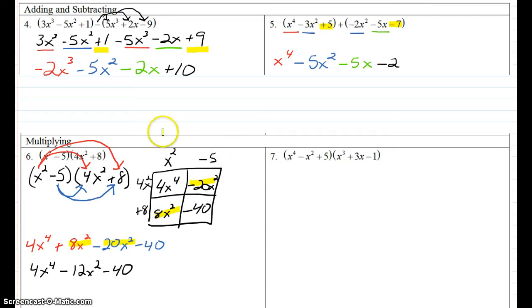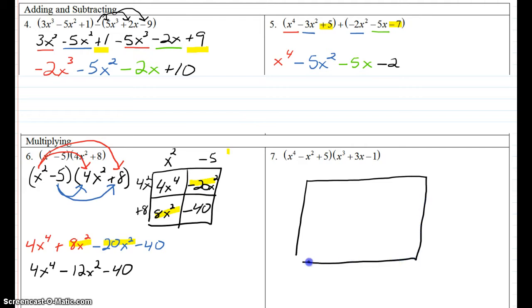The good thing about the box method is that it forces you to fill in the 4 boxes so you don't forget any terms. For number 7, again, you could distribute this, but I'm going to do this one with the box method. Okay, so it doesn't matter which one you put on top.